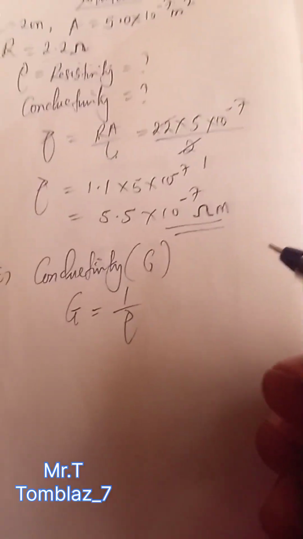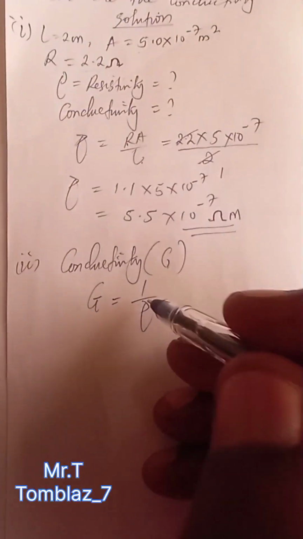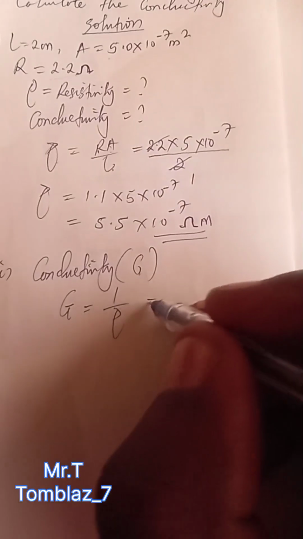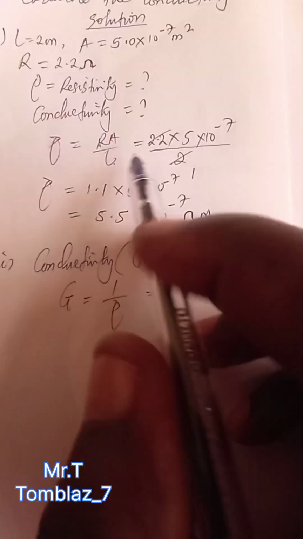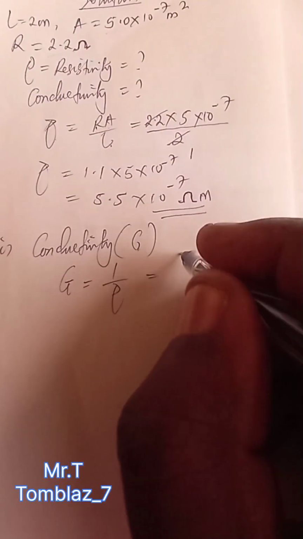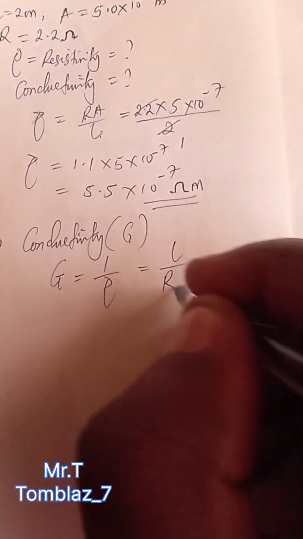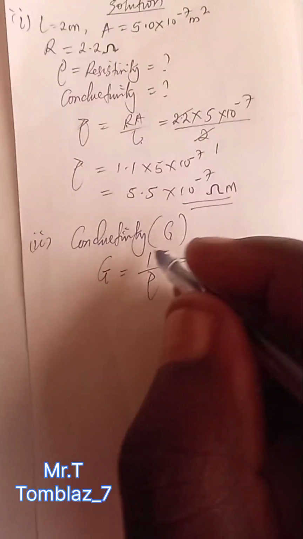Resistivity. So now that we have gotten the resistivity, we can either substitute this value here or we swap the position of this value. So conductivity will be L divided by RA, since it's the inverse. We can have it that way or just substitute it here.